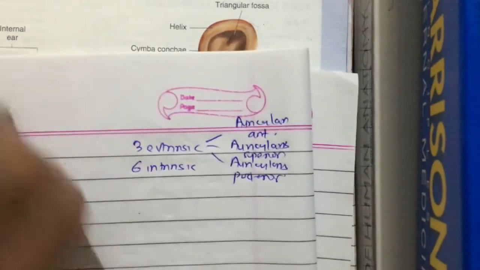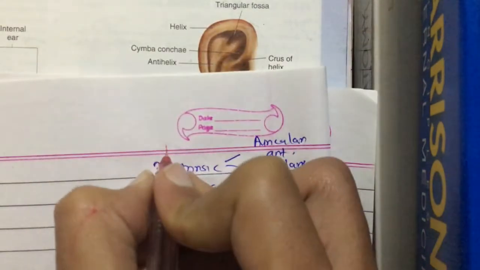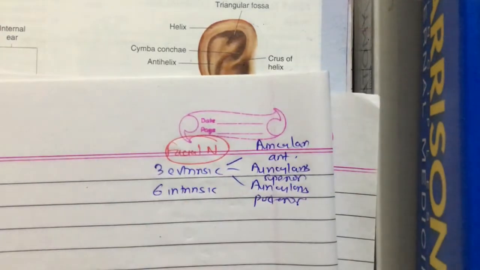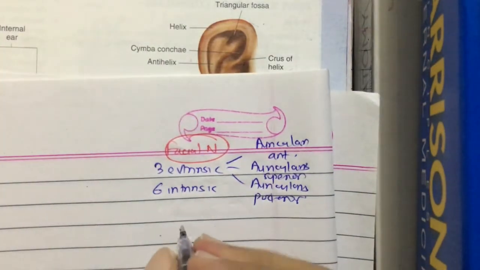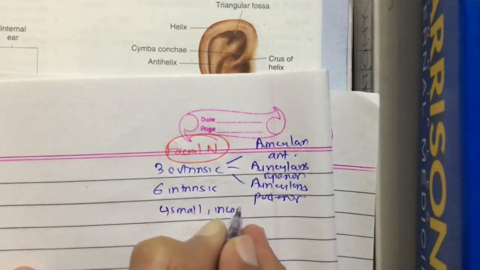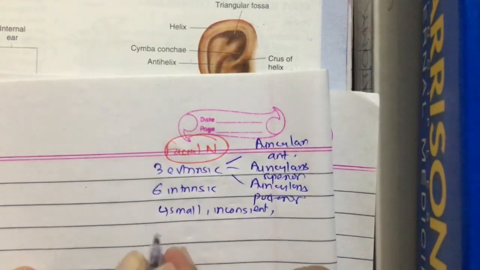These 3 extrinsic muscles are supplied by the facial nerve. These 6 intrinsic muscles are small, inconsistent, and without any useful function.